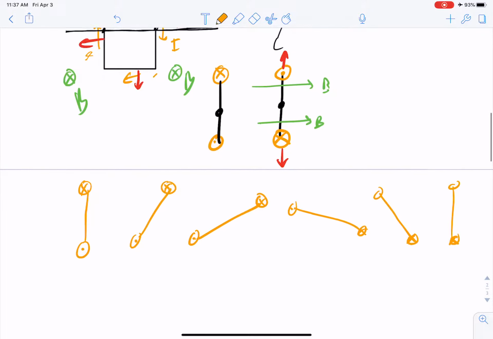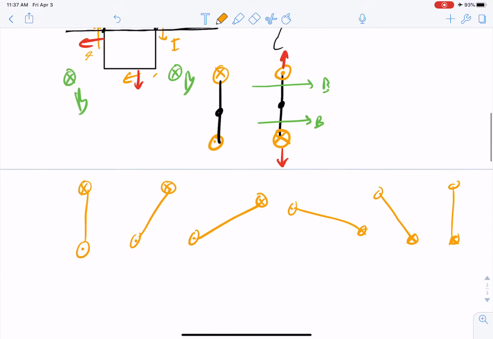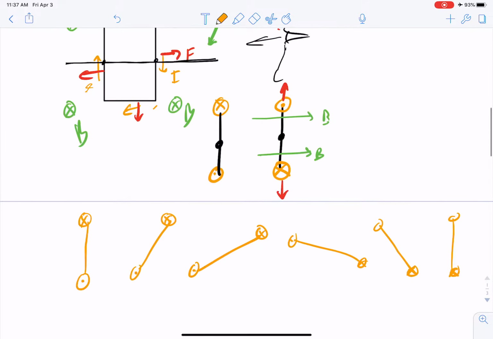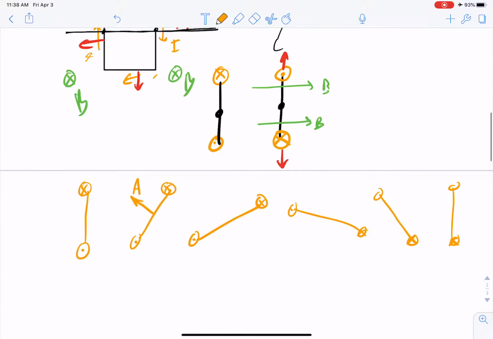Okay, so to measure the angle, we're going to use the area vector. Now, if you remember, we said that if you had any area, you define the vector to be normal to that surface. So we do this with current loops also.